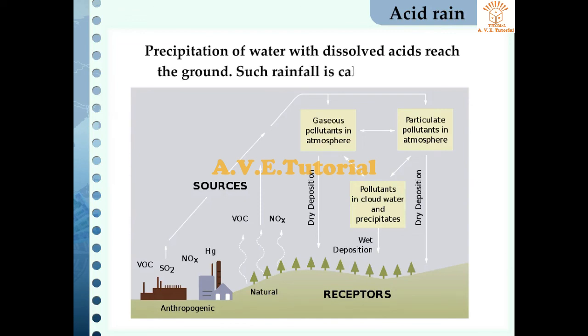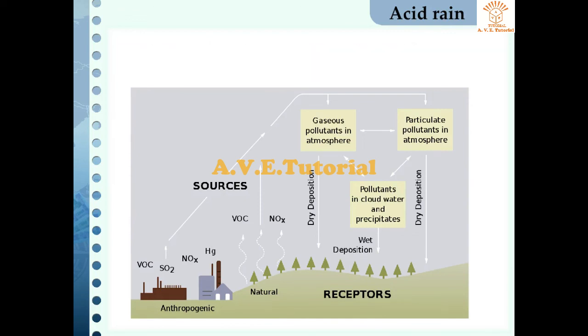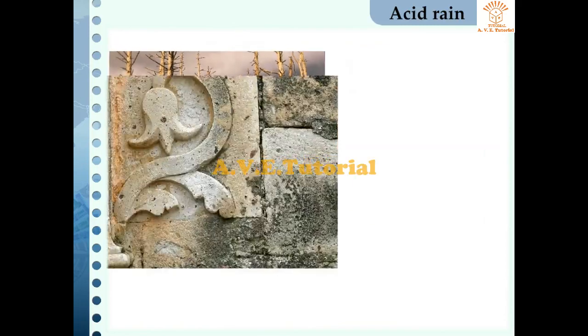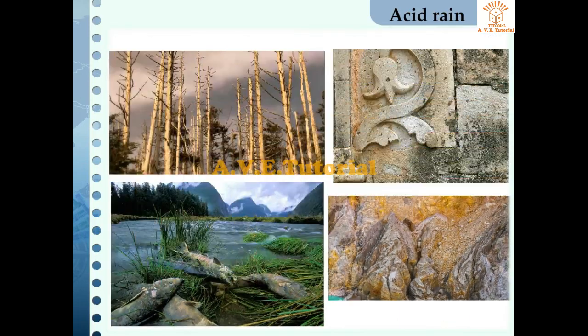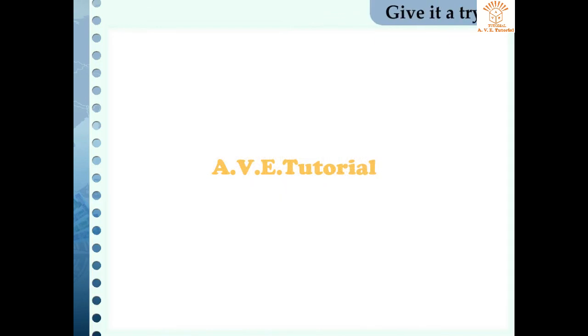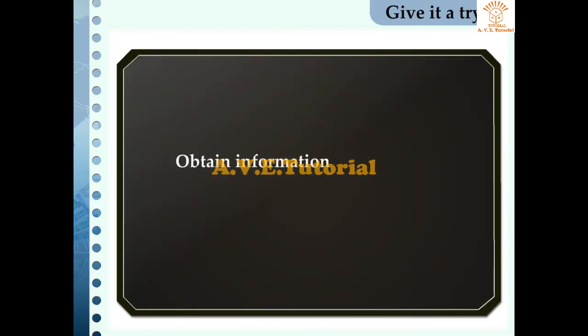Such rainfall is called acid rain. This rain is harmful to living organisms as well as non-living objects. Give it a try. Obtain information regarding the ill effects of acid rain.